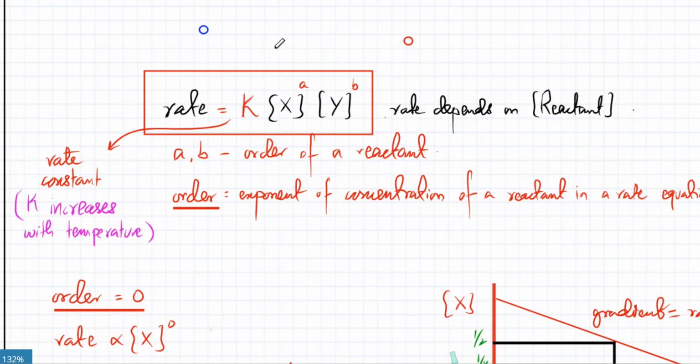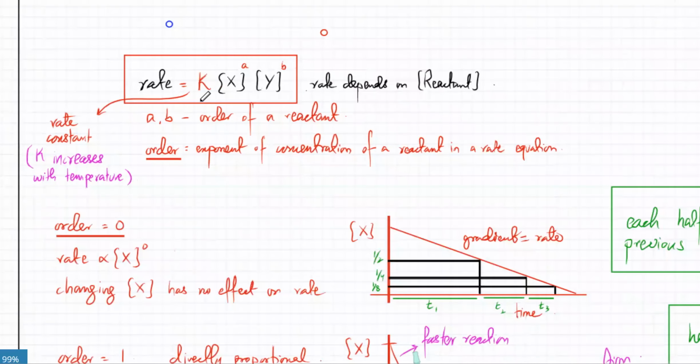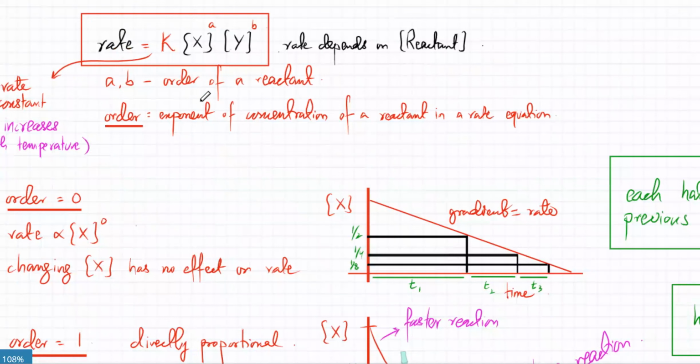You have to keep Y constant. K is already a constant, so that's not an issue. But the concentration of the other reactant needs to be kept constant, because the variation in its concentration would also affect rate. So remember this. This is an experimental thing that whenever you want to plot or investigate something, you have to keep all the other variables constant. That includes temperature, that includes everything, right?